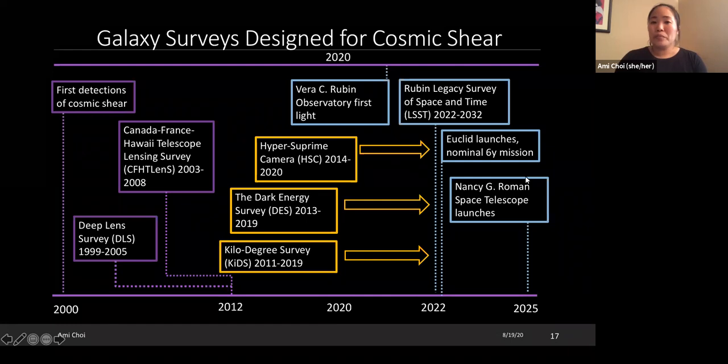And then there is the Legacy Survey of Space and Time, LSST, which is slated to go on for 10 years. And also at sometime relatively soon, Euclid, one of the space missions, will launch and have its nominal 6-year mission. And finally, the Nancy Grace Roman Space Telescope will launch, currently scheduled for the end of 2025.